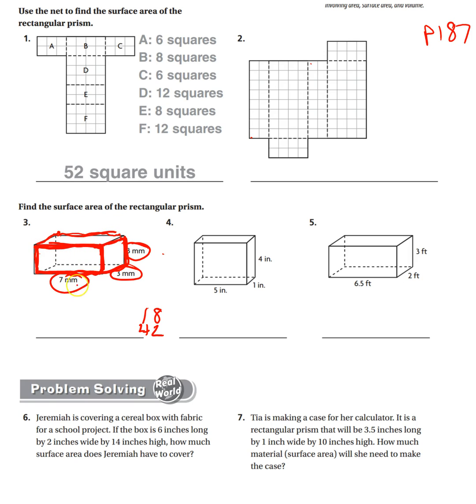This line right here, we know is the same as this line, 7. And then this line is the same length as this line, 3. So again, we have another 7 by 3, which we already found out. 7 times 3 is 21, and then there is a top and a bottom. So we multiply that by 2, and we get 42, because we've already done it once. And then we add these all up, and that's going to be our final answer.